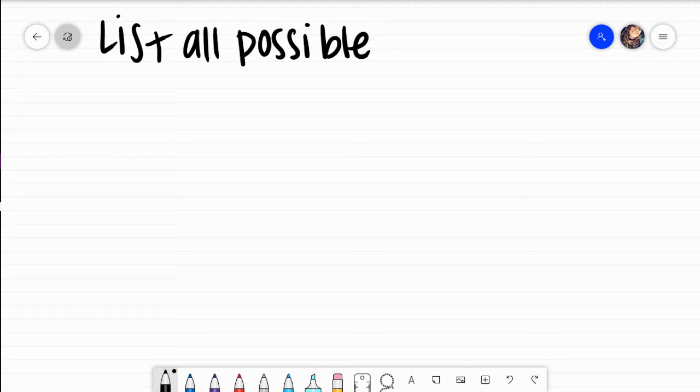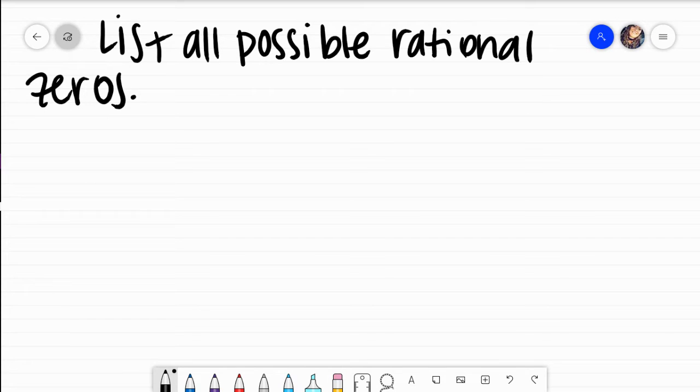So what we're going to do here is list all of the possible rational zeros of a polynomial. Okay, so the way that you do that is we're going to take p and divide it by q, and this is actually going to be plus or minus p over q.